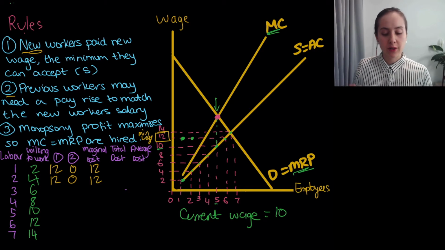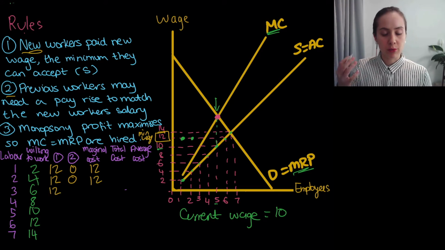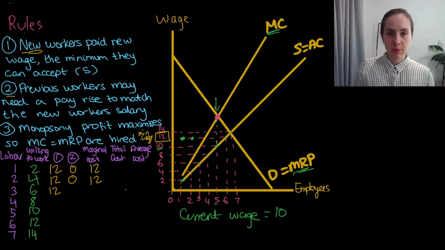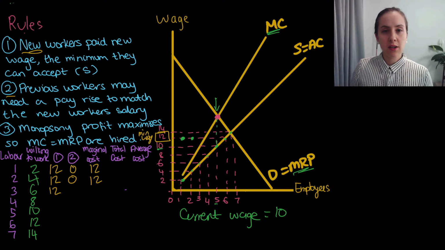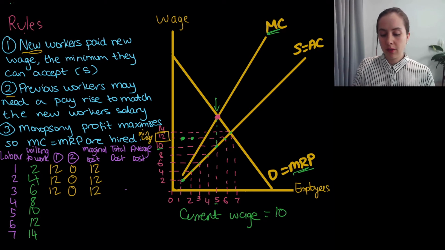And let's repeat. The third worker was happy to work at 6. They have to legally work at 12 if the monopsony employed them. And there is no pay rise required because everybody was also working at 12. So that means the third worker is now costing 12. And hopefully now you're kind of seeing a pattern.